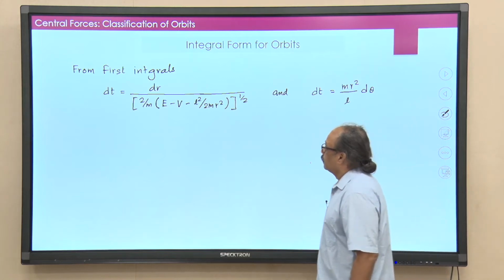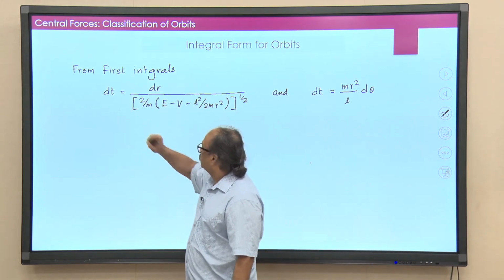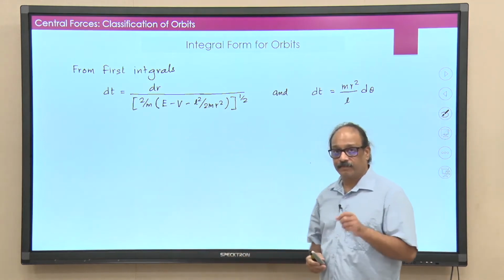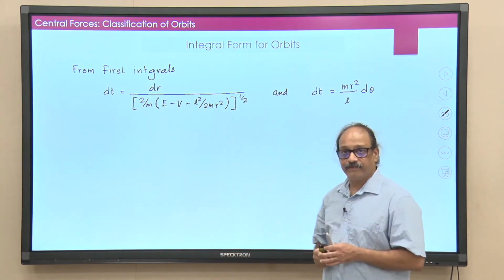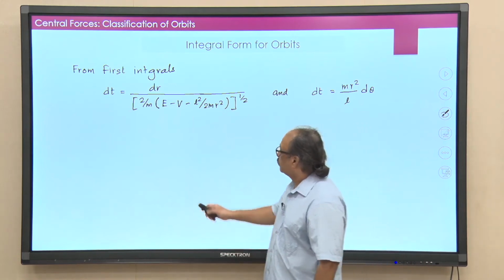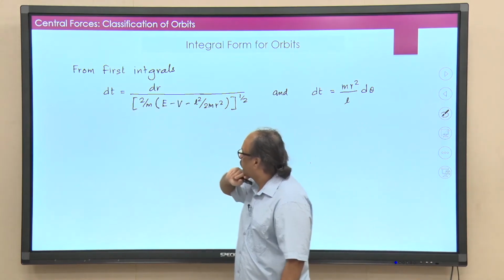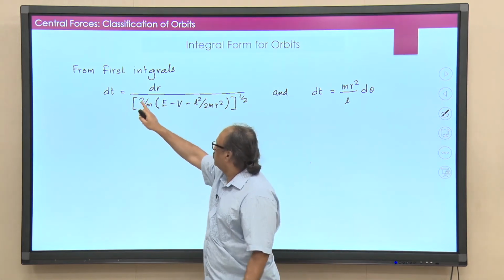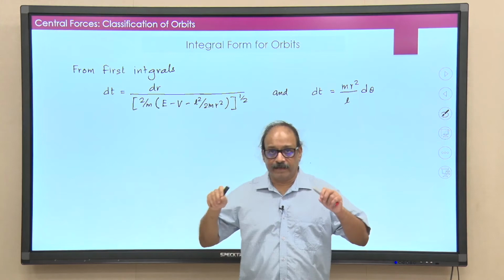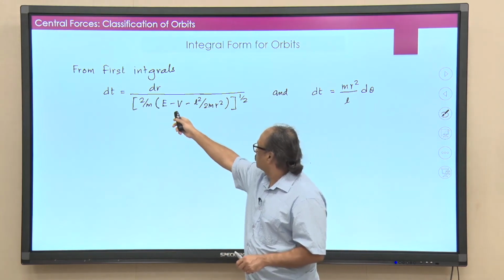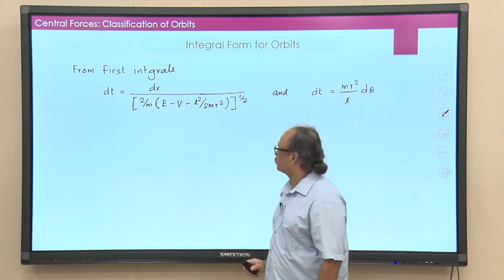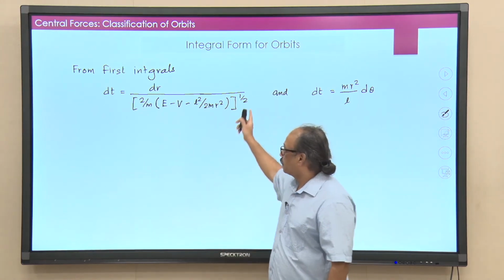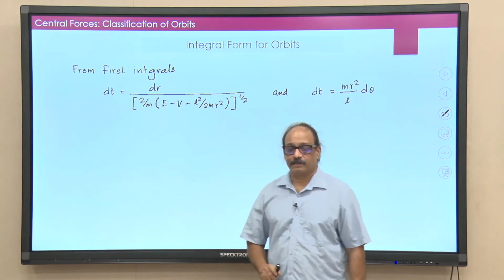Here, if I look at the first integral, remember while deriving the equations of motion, or in the very first lecture, we discussed this dr by dt. From the dr by dt, the energy equation, I can write down dt is equal to dr divided by square root of E minus V minus L square by 2 m r square, basically E minus V effective to the power half and into this factor of 2 by m.